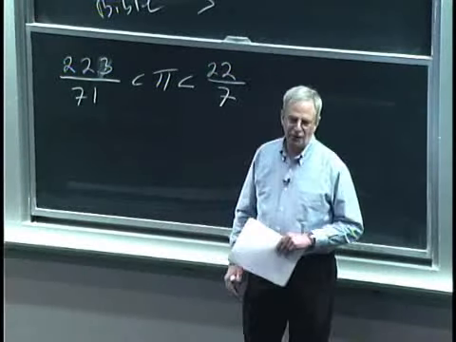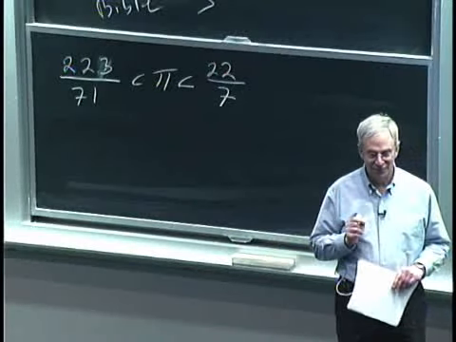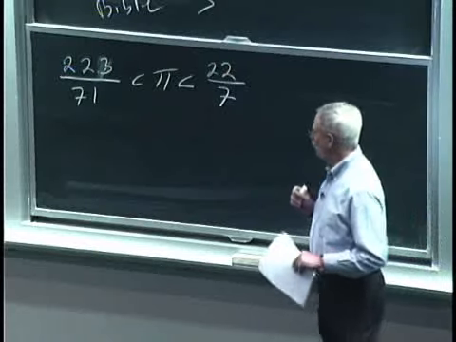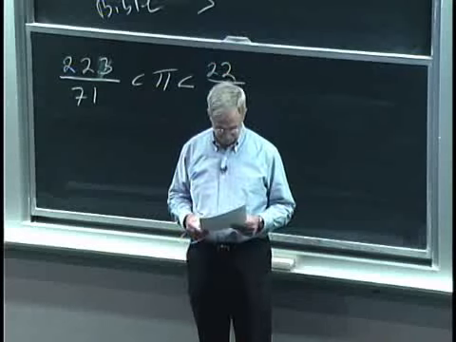This was amazingly profound. He knew he didn't know what the answer was, but he had a way to give an upper and a lower bound and say it was somewhere between these two values.